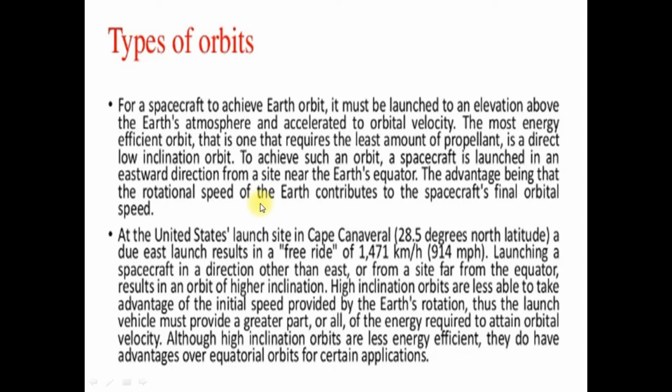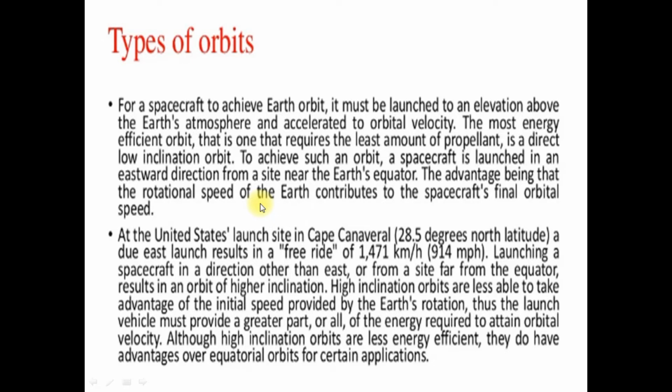At the United States launch site in Cape Canaveral, at 28.5 degrees north latitude, a due east launch results in a free ride of 1,471 kilometers per hour, that is 914 miles per hour. Launching a spacecraft in a direction to the east from a site far from the equator results in an orbit of higher inclination.